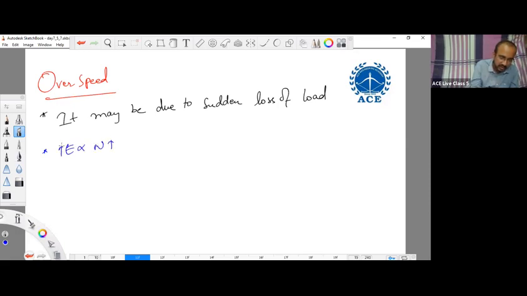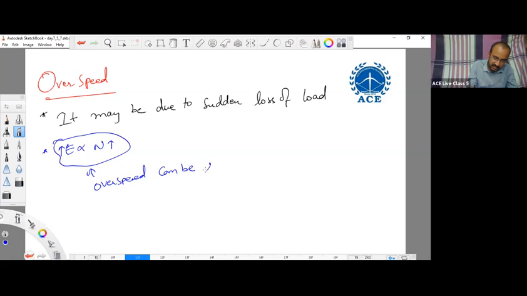If the speed increases, voltage also increases. So what is our observation? Overspeed can be sensed by using an overvoltage relay.